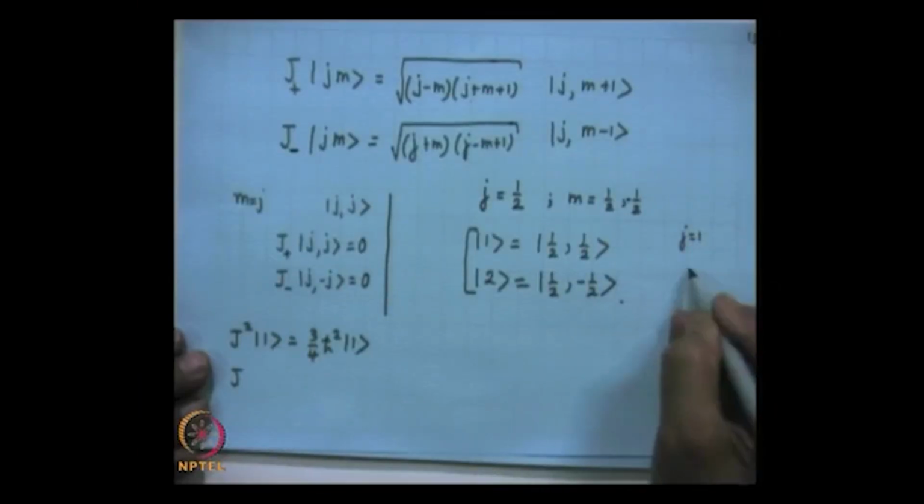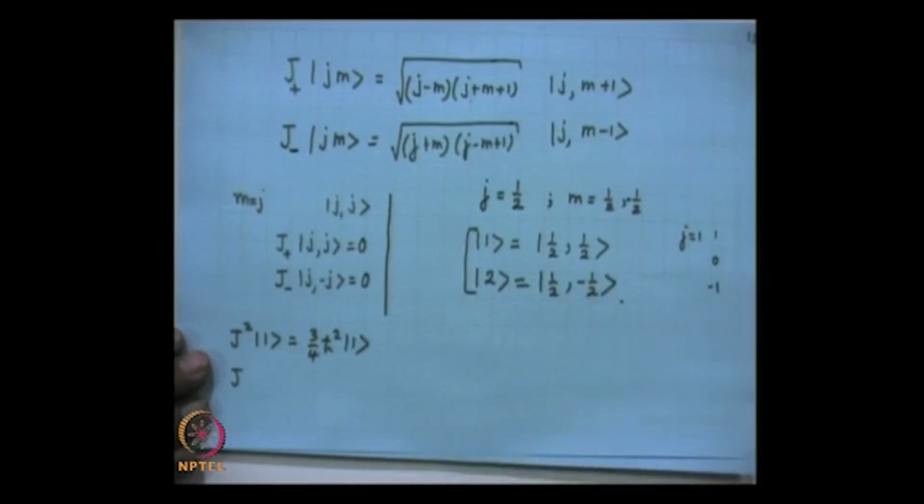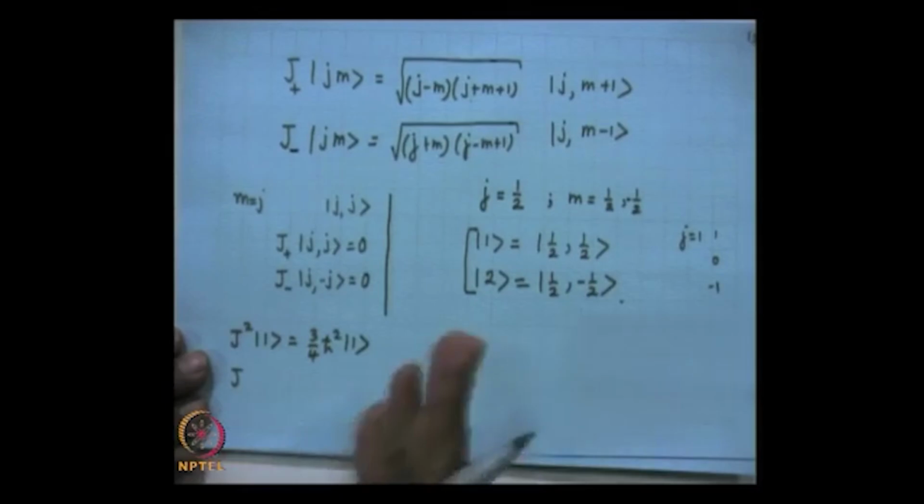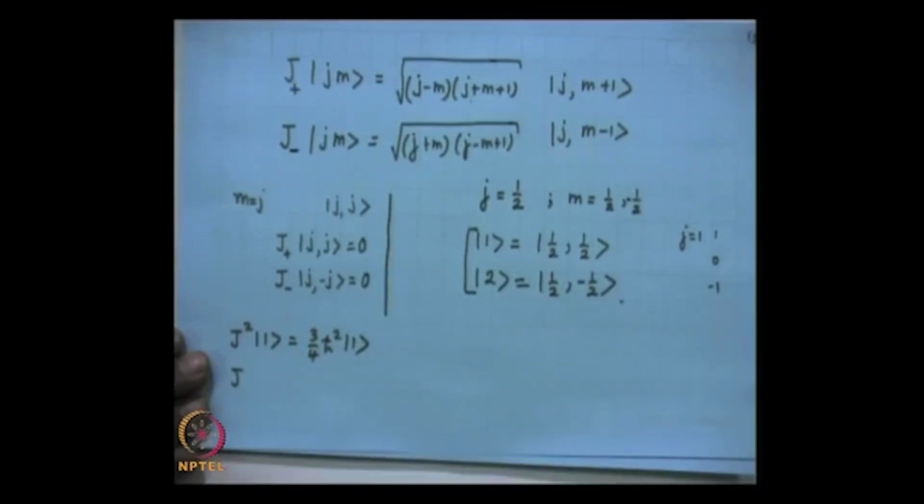If I have j is equal to 1, where m can take 1, 0 and minus 1, there will be 3 independent vectors and it will span a 3-dimensional space and you will have 3 by 3 matrices.